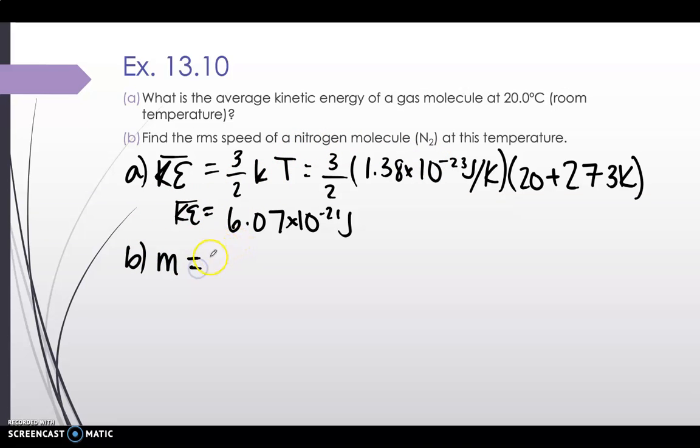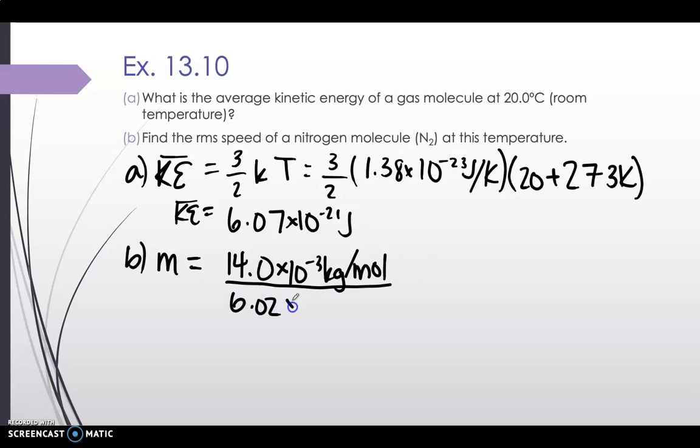If you haven't taken chemistry yet, this might be a little bit confusing, but my mass is going to be my nitrogen mass, so 14.0 times 10 to the negative 3 kilograms per mole, divided by 6.02 times 10 to the 23rd per mole, molecules per mole.